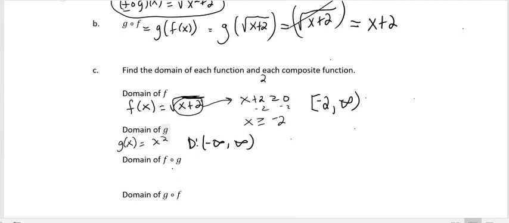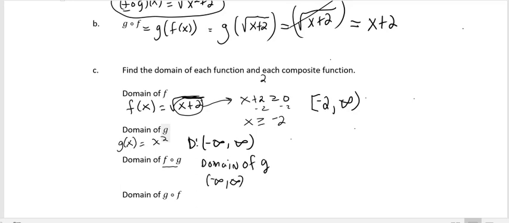So to find the domain of f of g, the second function, in this case g, you have to consider that domain, okay? So I'm going to write here, domain of g is negative infinity to positive infinity.